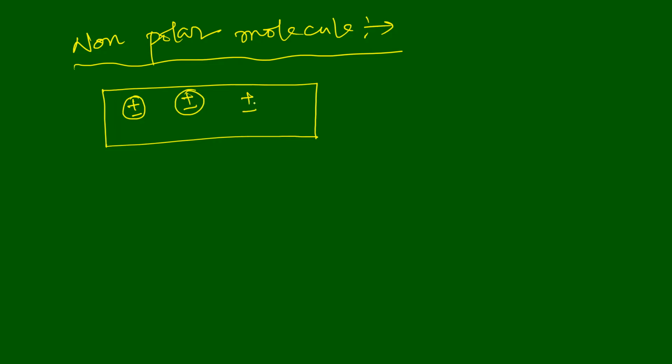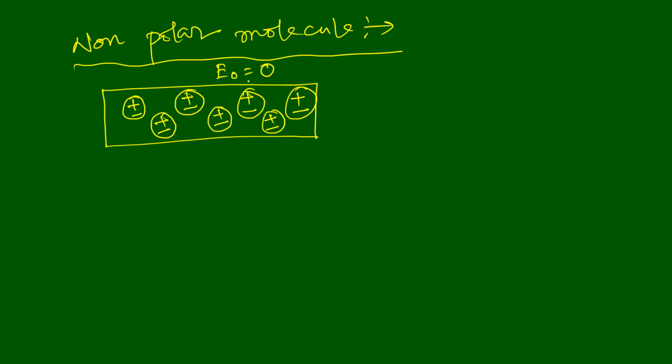They are not separated; they coincide with each other, with a very small distance between their centers. This is the arrangement of a non-polar molecule in the absence of an external electric field, so E naught will be equal to 0.